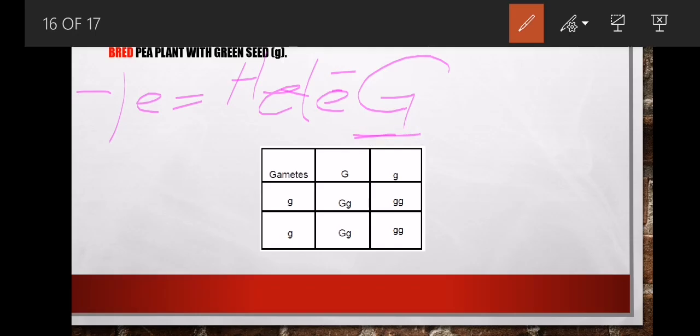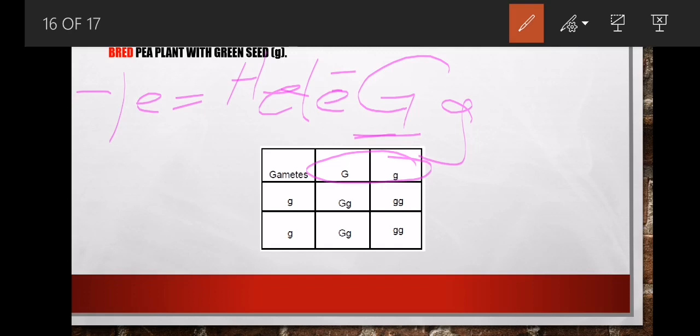Since it is heterozygous, will it be a capital letter G or small letter g? Think, it's heterozygous, isn't it? So it must be a small letter g because they are not the same. You get it? They are not the same, they are different. So as a result, we have something like this.